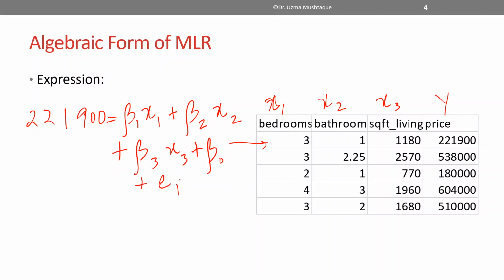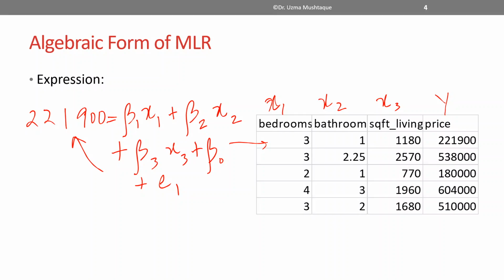So this is how I can express the very first observation. Now this is the equation for the linear regression model, or the multiple regression model. And with appropriate parameter values, so with appropriate beta 1, beta 2, beta 3, and so on, I should be in a position to come as close to this actual value when I'm predicting for some unknown problem.